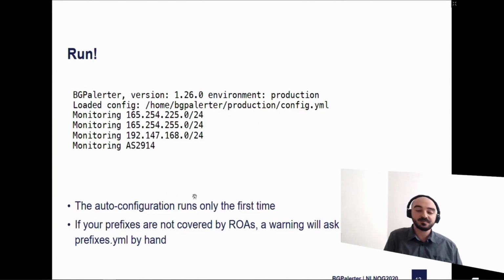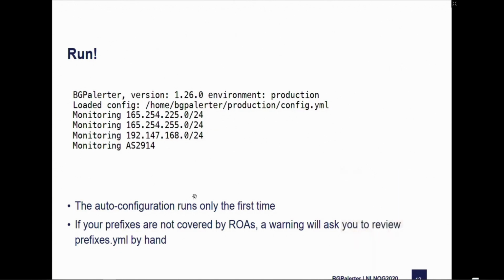If you get a warning that some of your prefixes are not covered by ROAs, that is okay, it will work anyway, but you may want to review prefixes.yaml by hand. Essentially, BGP Alerter goes online, checks whatever your autonomous system is announcing, and cross-validates that set of prefixes with ROAs.